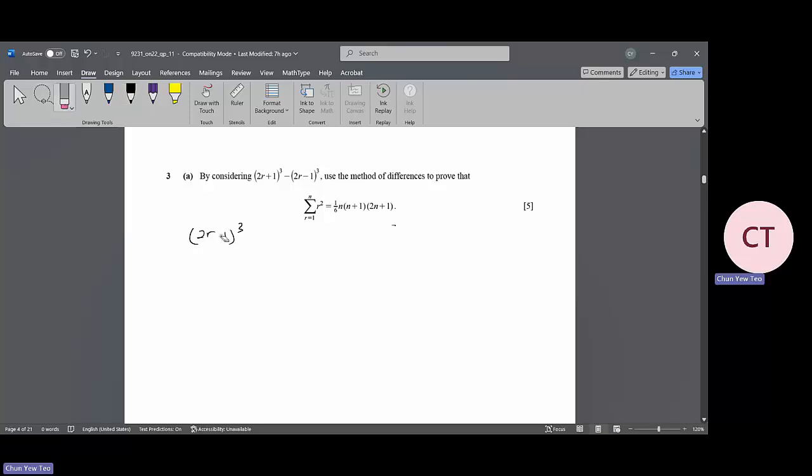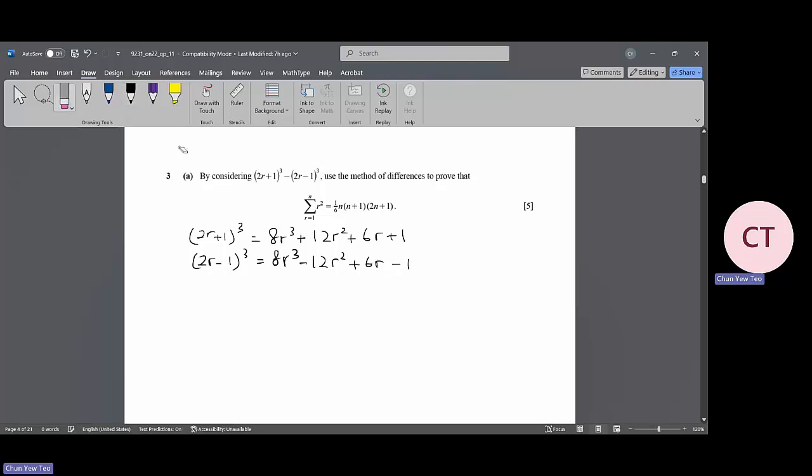We can expand it using the binomial expansion. So you will get 8r cubed plus 12r squared plus 6r plus 1. And similarly, (2r minus 1) cubed. If you expand it according to the binomial expansion formula, you will get the positive and negative alternately. So this is what you get.